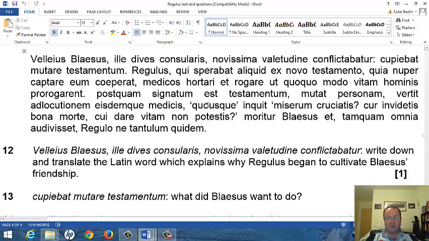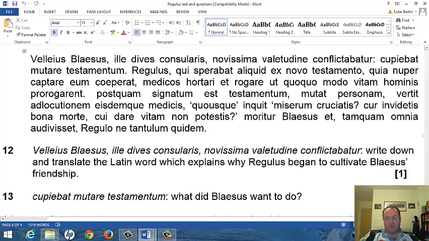He says, why are you crucifying, literally, so why are you torturing the wretched man? Why are you begrudging a good death to whom non potestis, you are not able to give vitam, life?